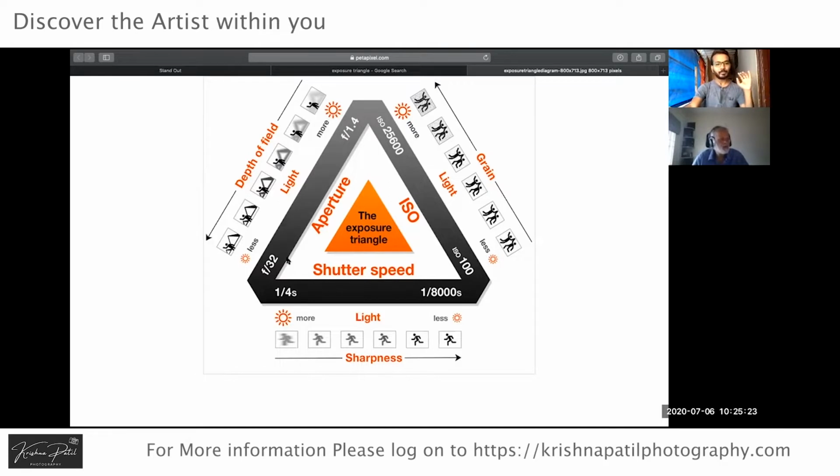Now the first pillar is aperture. We have already understood that when I'm using a lower aperture number, my background will be blurred. When I'm using a high aperture number, my background and foreground will be sharper. Then there is ISO: when I'm using a high ISO number, it will result in a grainy final image.